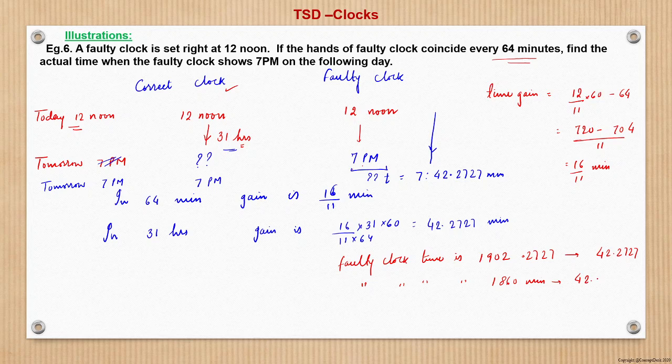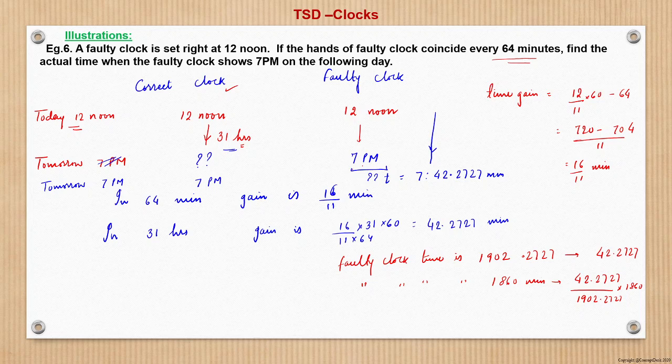would have been 42.2727 upon 1902.2727 into 1860. So let us calculate this, what it comes to. 42.2727 divided by 1902.2727.